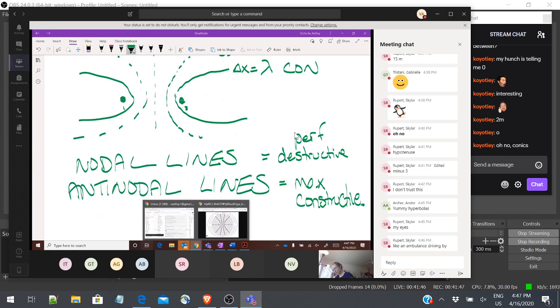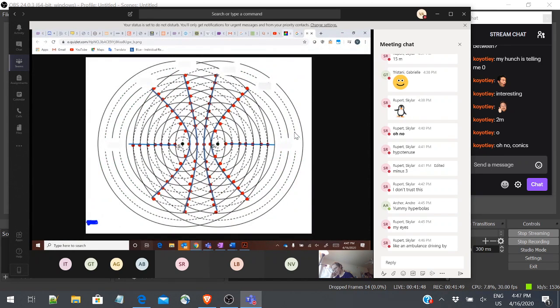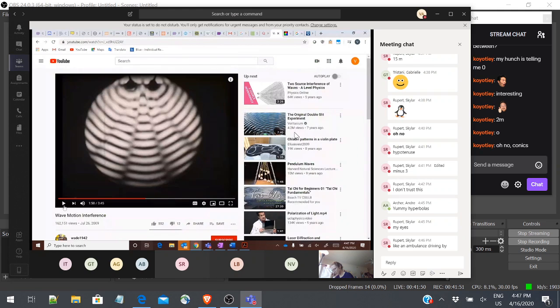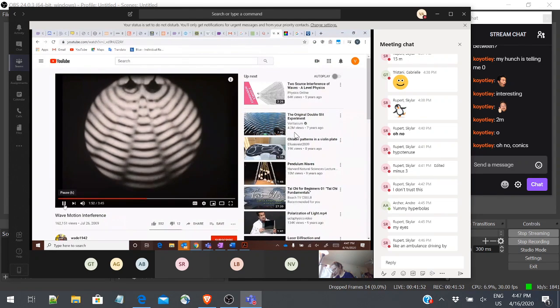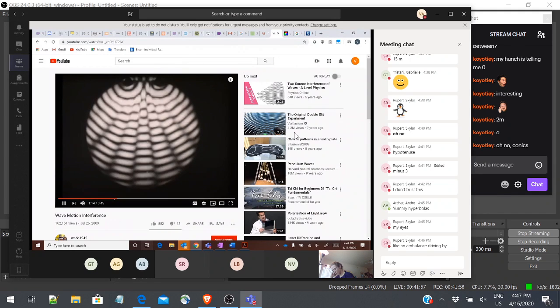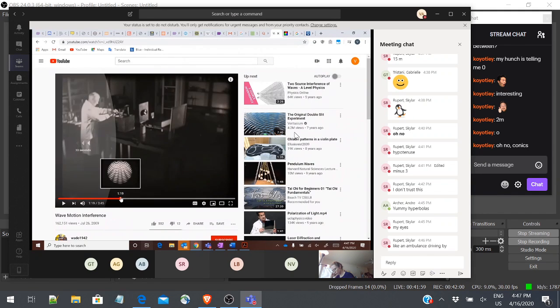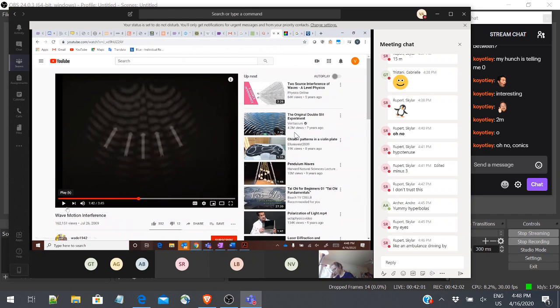Come on, arrows. I know you're there. There's a guy doing a great 1950s voiceover on this. There we go. Those are the nodal lines. Water, it's something called a wave tank or a ripple tank. They have little things that stick down in the water and make ripples.